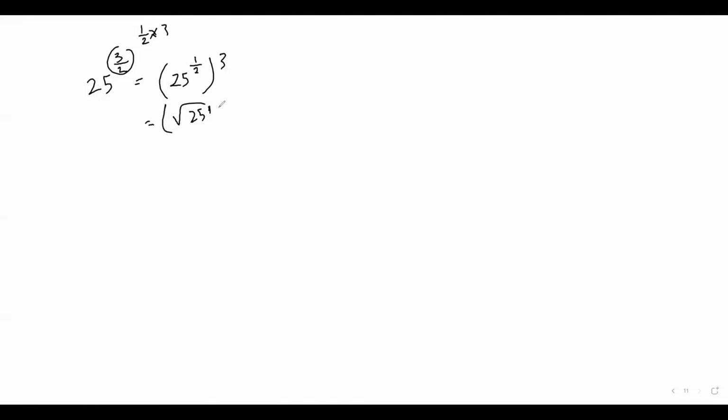The square root of 25 is 5. 5 raised to the power of 3 is 125. So we don't need to use a calculator. Or what you can do is keep this index 3 over 2, so 25 raised to the power of 3 over 2, untouched, and you change 25 to 5 to the power of 2, right?